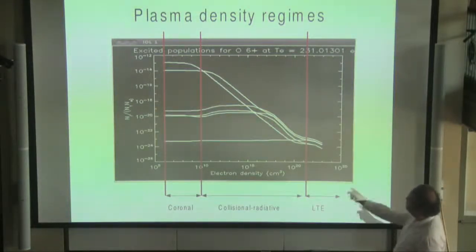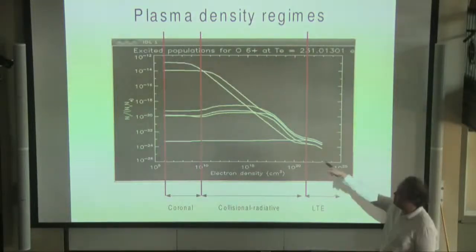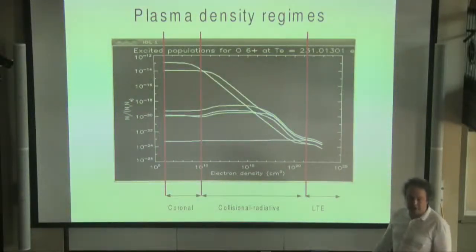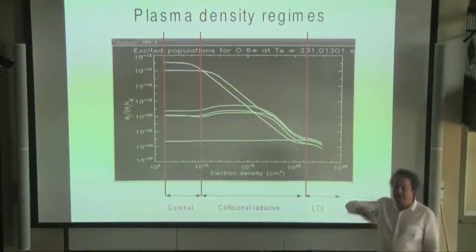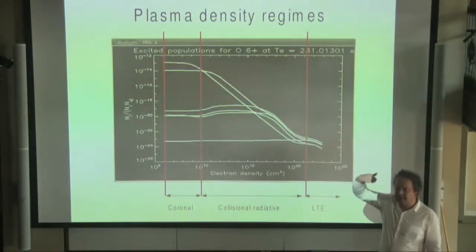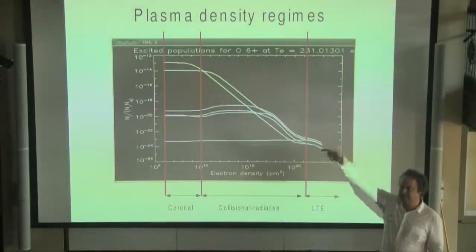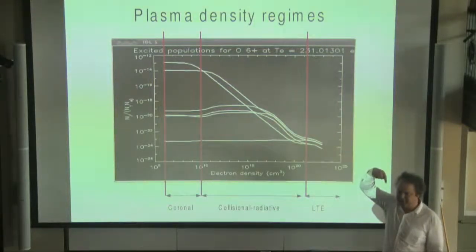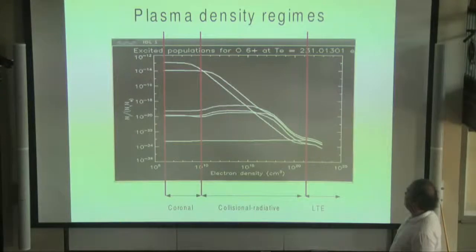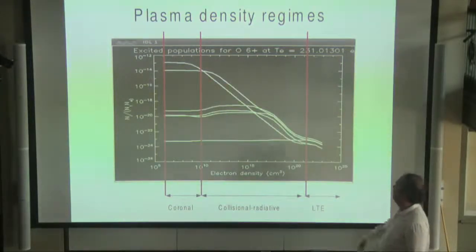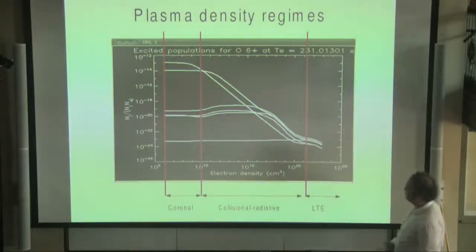Then as we increase electron density, we get into the more interesting collisional radiative regime. There's a lot of processes going on here: excitation up to a level, cascades down, ionization from that level, dielectronic recombination into that level. All of these have to have an uncertainty and an error associated with them. Finally, if we go up in density high enough, we get into local thermal equilibrium, and essentially the atomic physics is almost washed out.